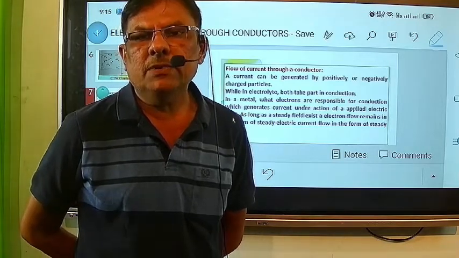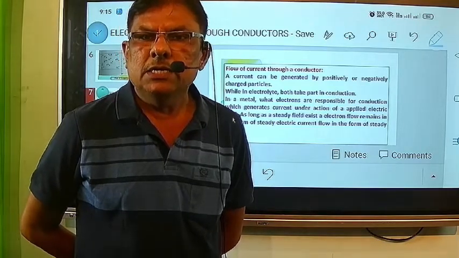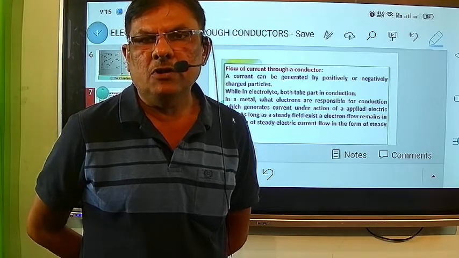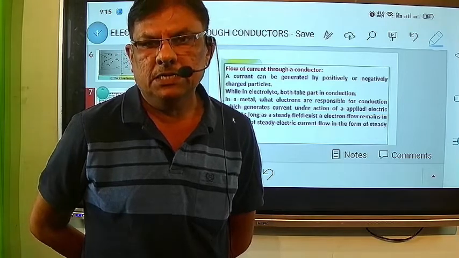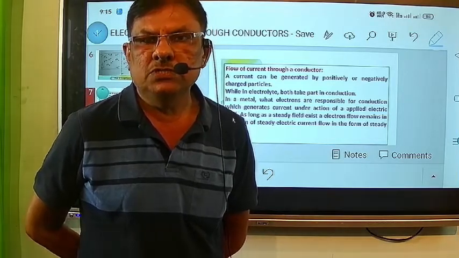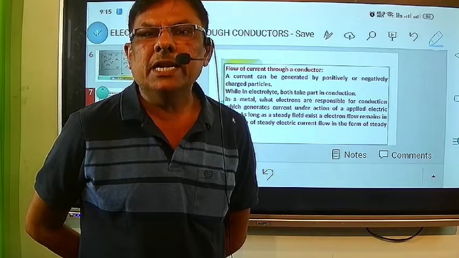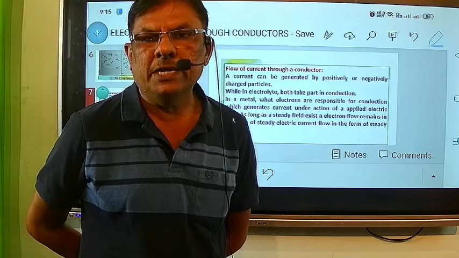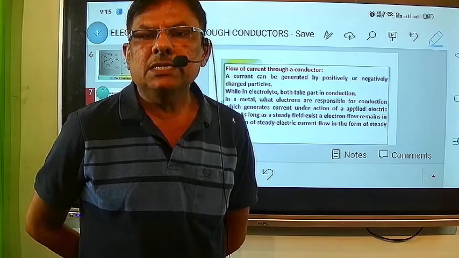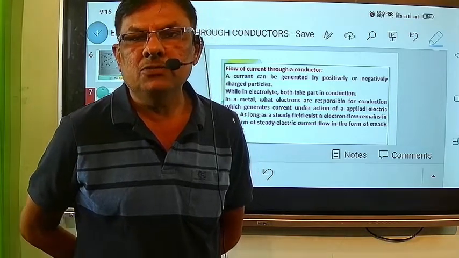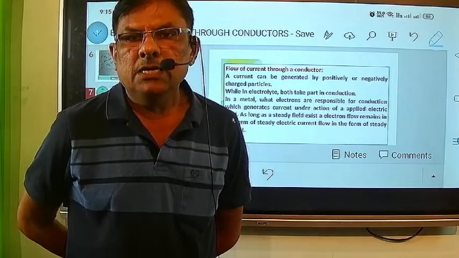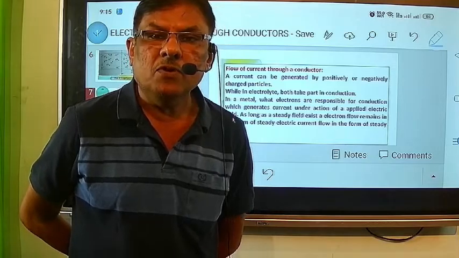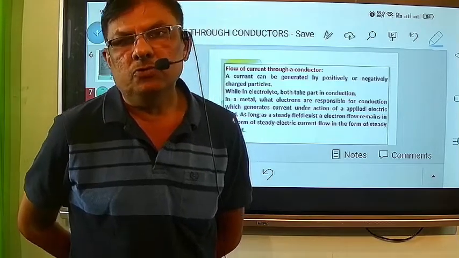When the external battery is not applied, the electrons, that is the free electrons of the material of copper or a conductor, flow in random order. They are not supposed to be moving in one direction because the external electric field is not applied, and therefore that time we get the net electric field equal to zero.